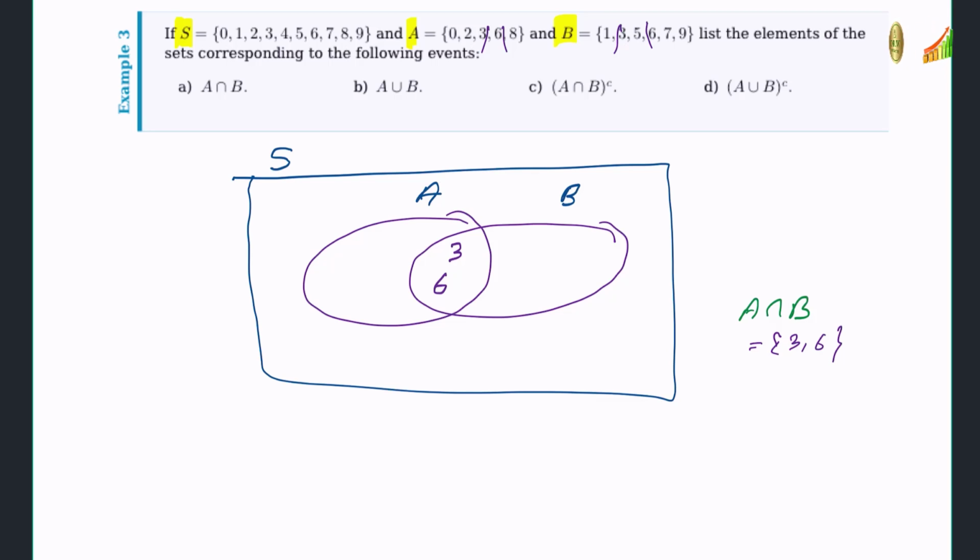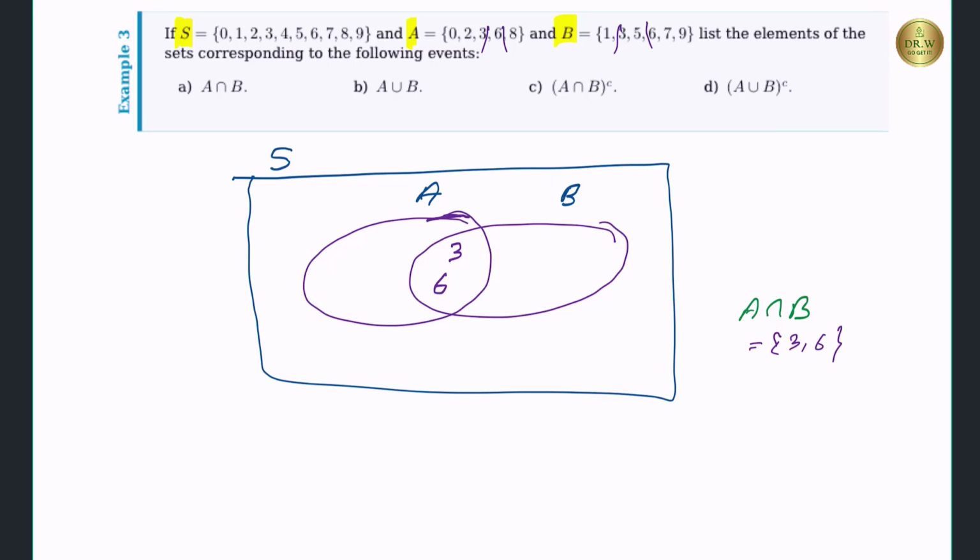Now consider A. You see in A we have two elements already, 6 and 3. And also in event B there are two elements already, 6 and 3.